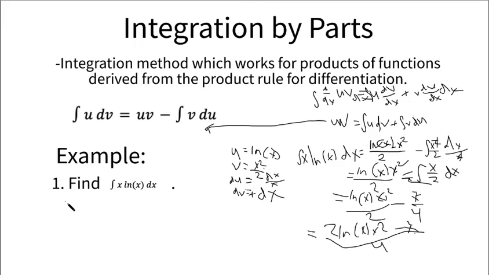Our final answer is x squared times, sorry, it would be 2 natural log of x minus 1, over 4.